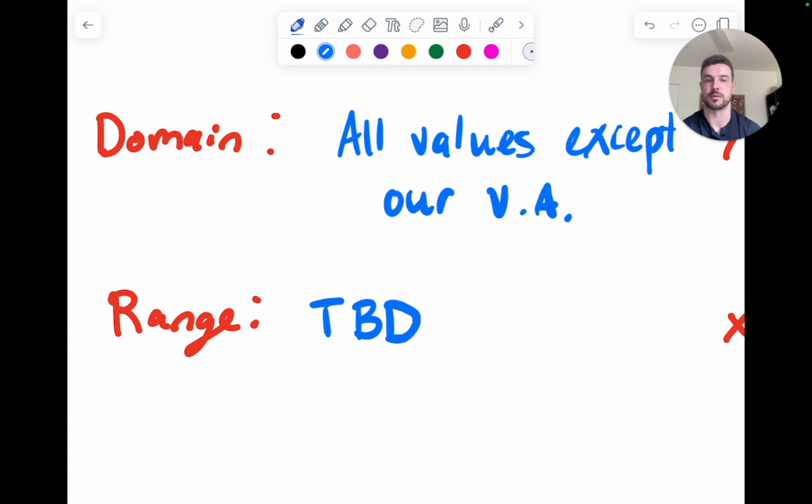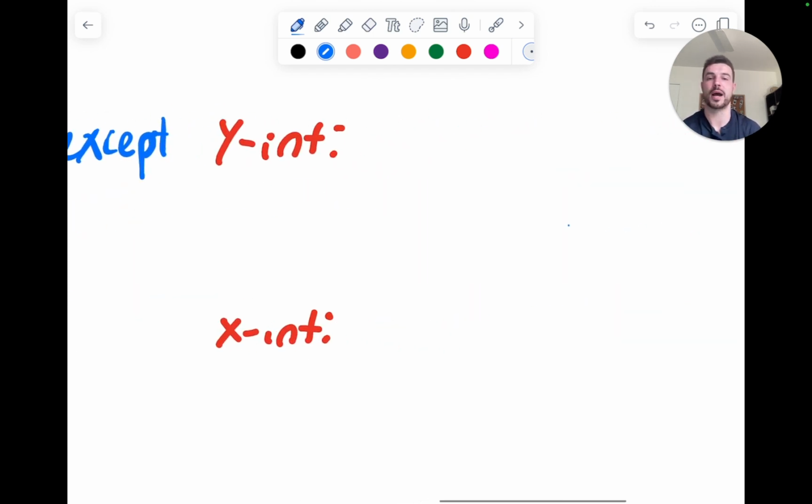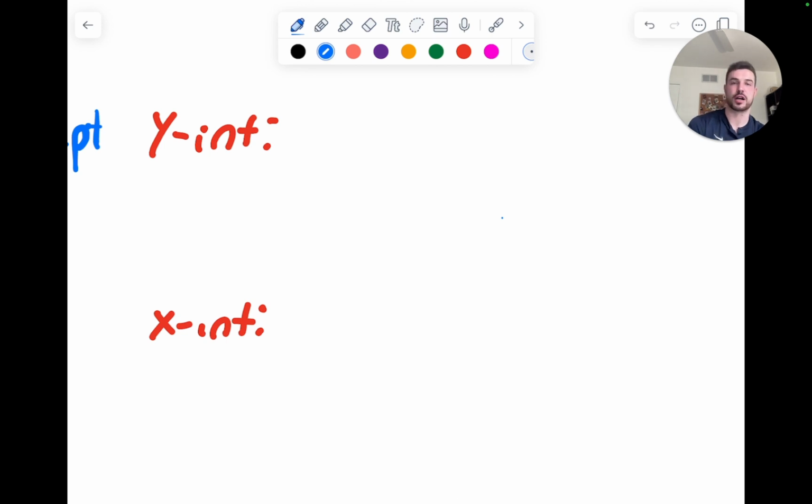Now, y-intercepts and x-intercepts, we've talked about these before. You've graphed them before, so we should know where they come from. A y-intercept is where our function crosses through the y-axis, where x is 0. So if we set x equal to 0 in our function and solve, we find our y-intercept. An x-intercept is where the function is equal to 0.